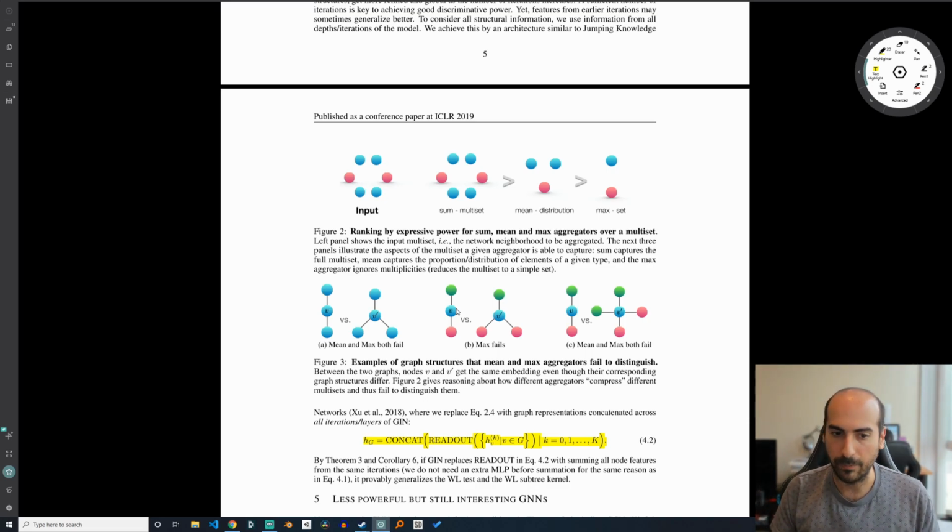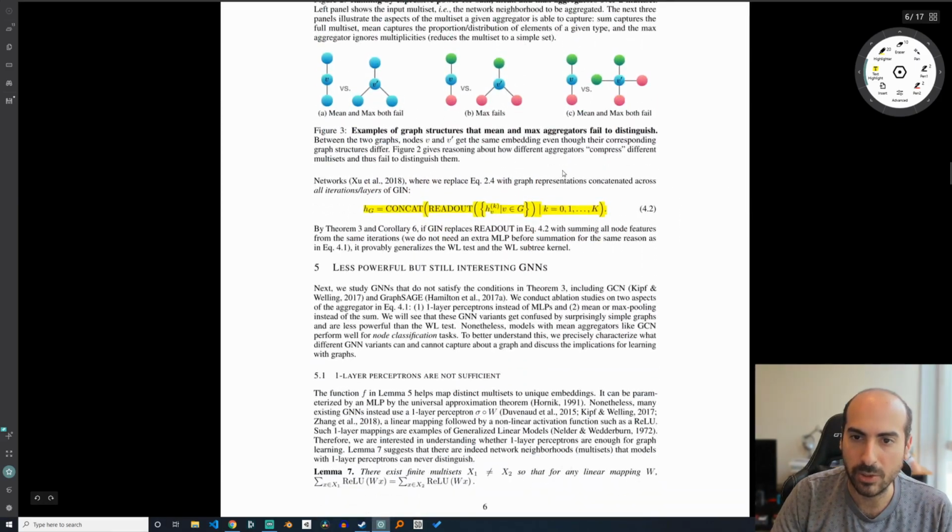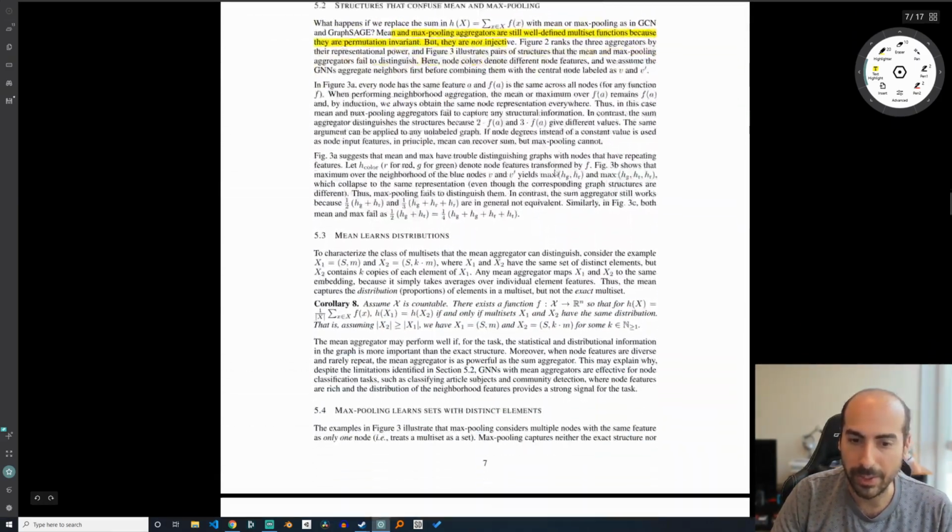This is highly predictive of your ability to classify a graph, because if you can tell two things are different, then you can tell they're of two different classes.